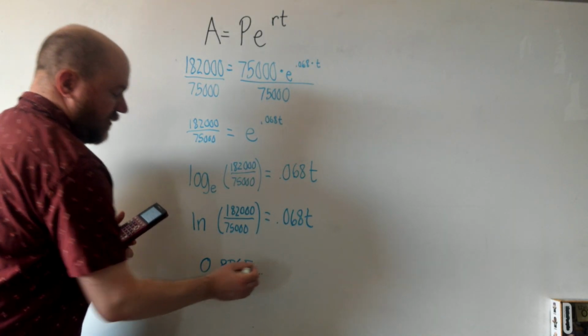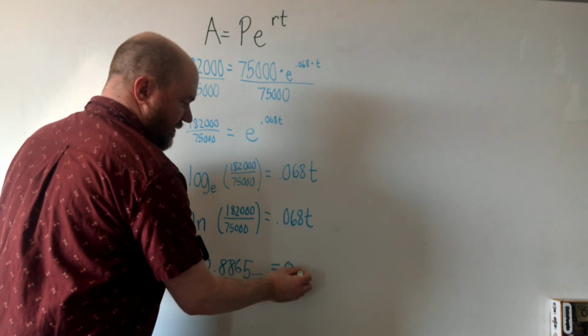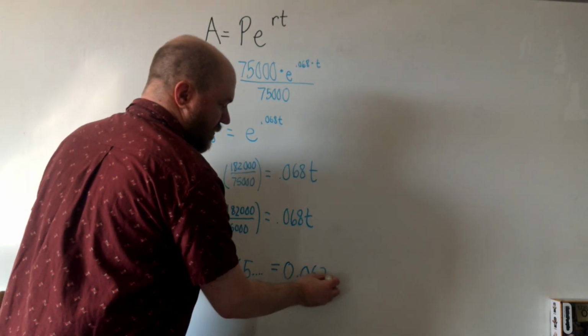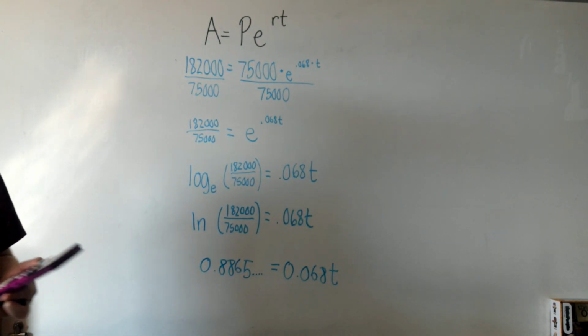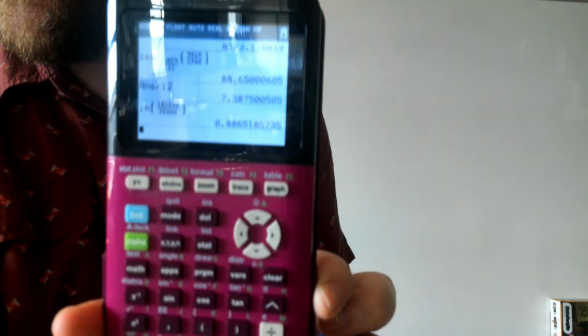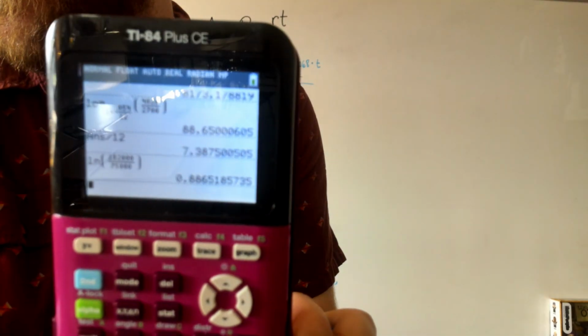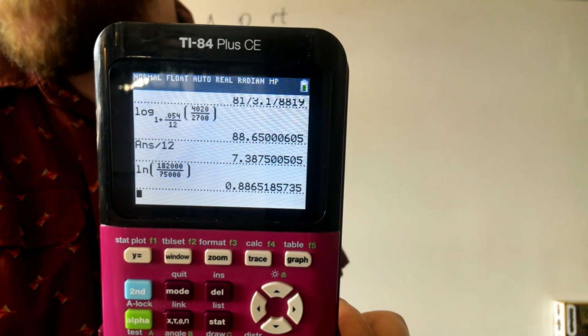I'm going to put dots here because that's not my final answer. I'm going to leave the decimal on my screen so that when I go to solve this, I don't have to worry about typing in all those values. Let's take a look real quick at what the calculator screen says here. You can see it was just ln of that big number.